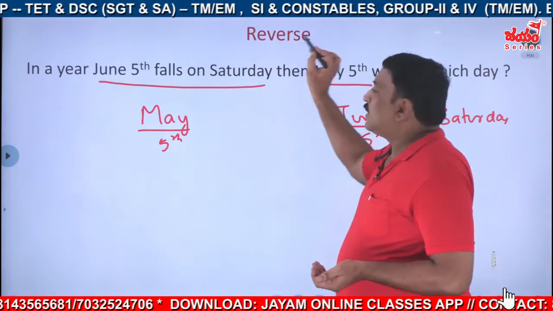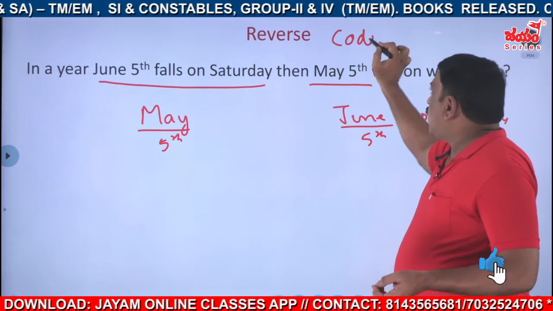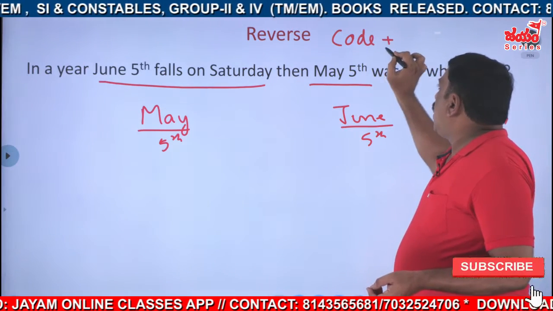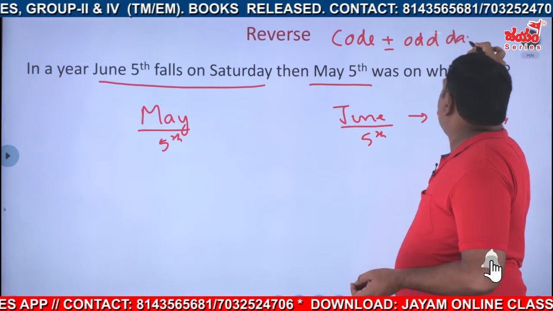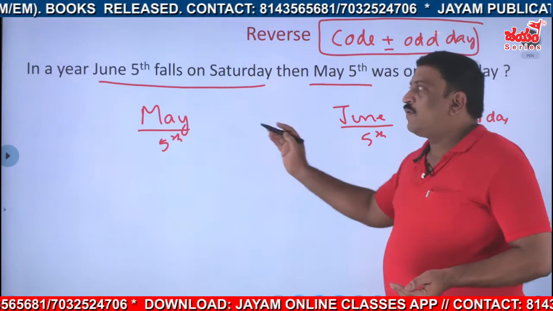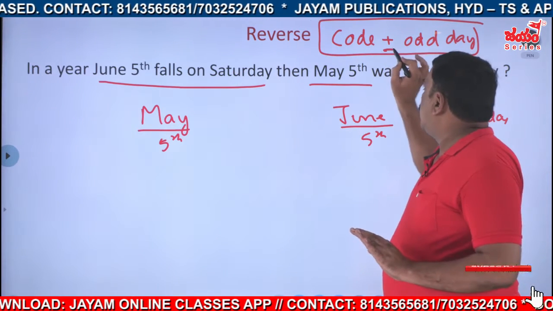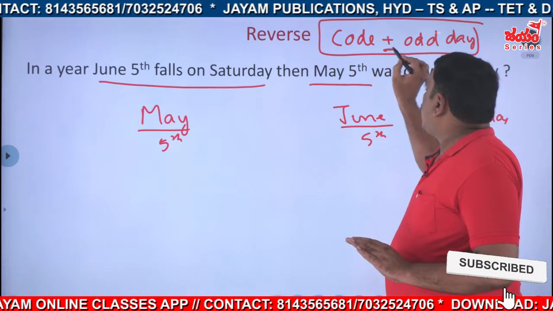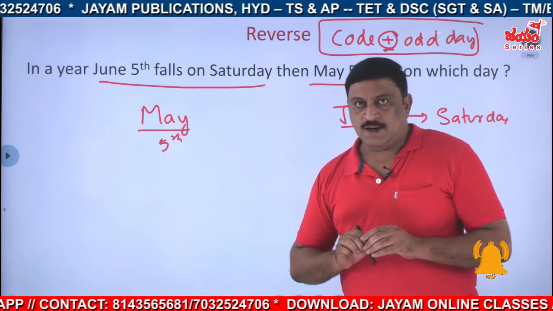Our procedure is the original way: the code plus or minus odd days. Though we are finding the previous one, we are not using minus. First of all, we are using only the plus format to get the answer.